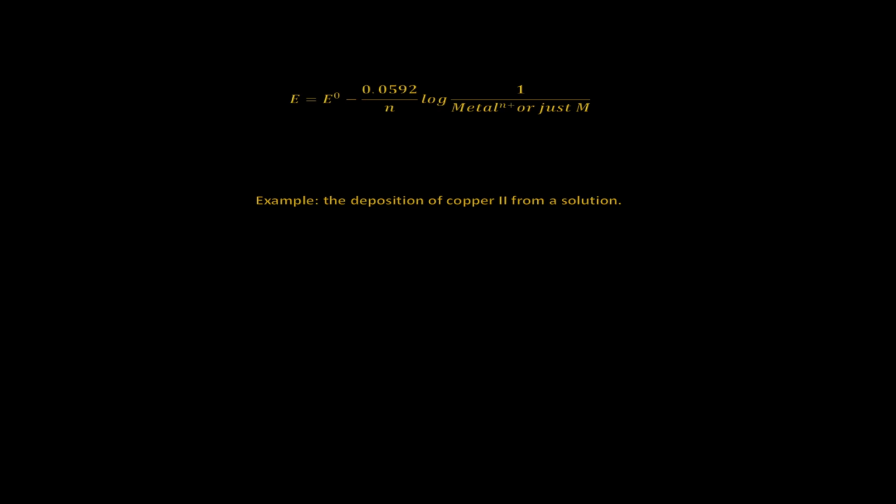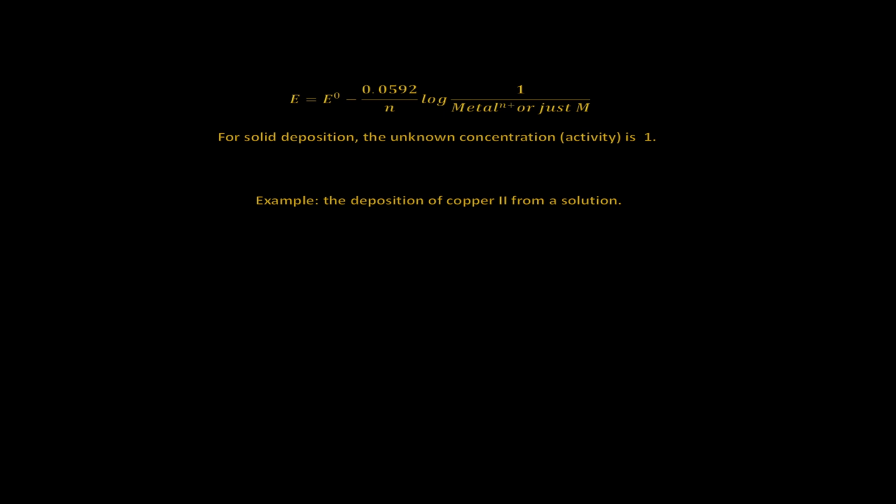Now this example pertains to a single element solution where copper 2 is precipitated, that is, deposited as a solid copper onto a solid copper cathode. For a solid deposition of a metal, the activity will always have the value of 1.